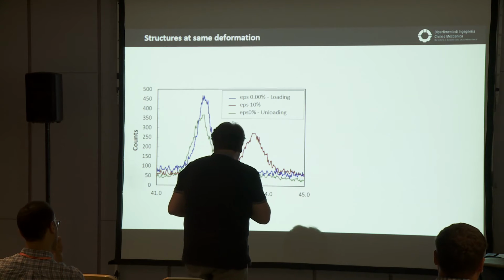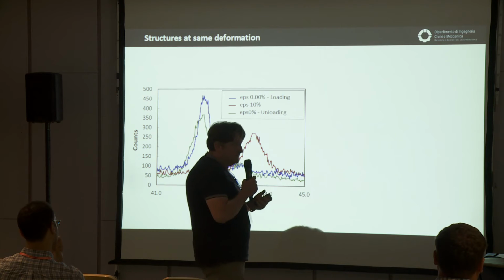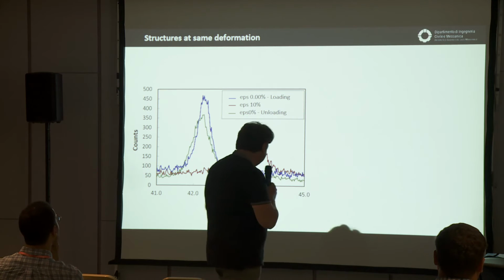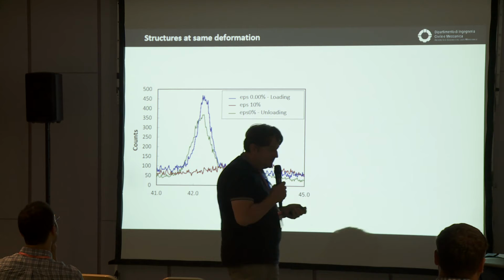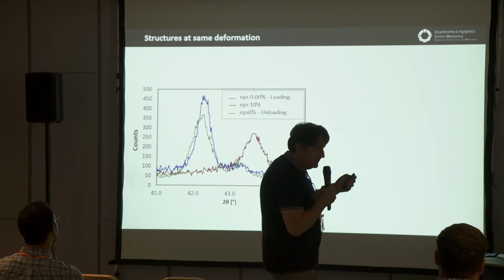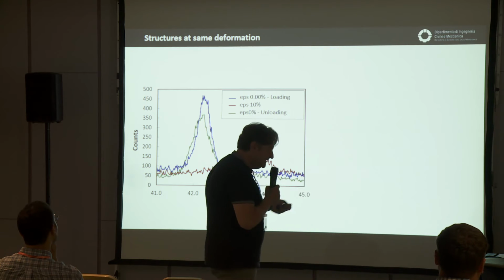So, analyzing three different deformations in one cycle, we can see the first spectrum. This is the main peak. We perform the analysis on the first peak because the others are redundant.